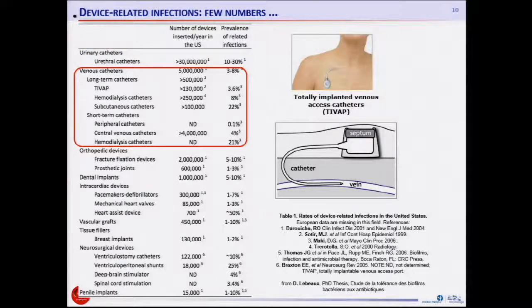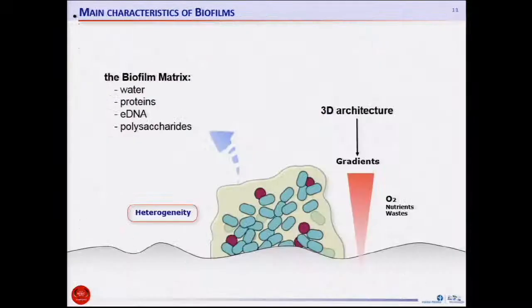It's also the case for venous catheters, and eventually for hemodialysis catheters. I will come back to this type of catheter because we use them as a model to build an animal model later. So, high numbers of insertion of devices in the body and a high rate of infection.